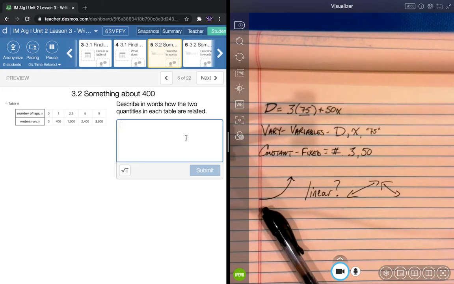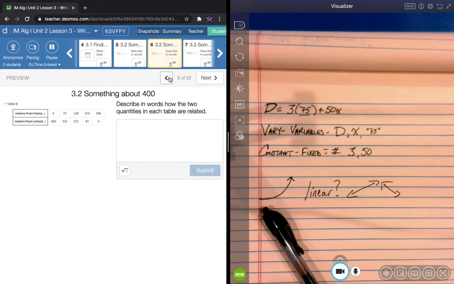What we see here is we're taking X, and we're going to describe in words. We're multiplying the X value by 400. So 1 times 400 is 400, 2.5 times 400 is 1,000, and so forth. So that's what we would put there.